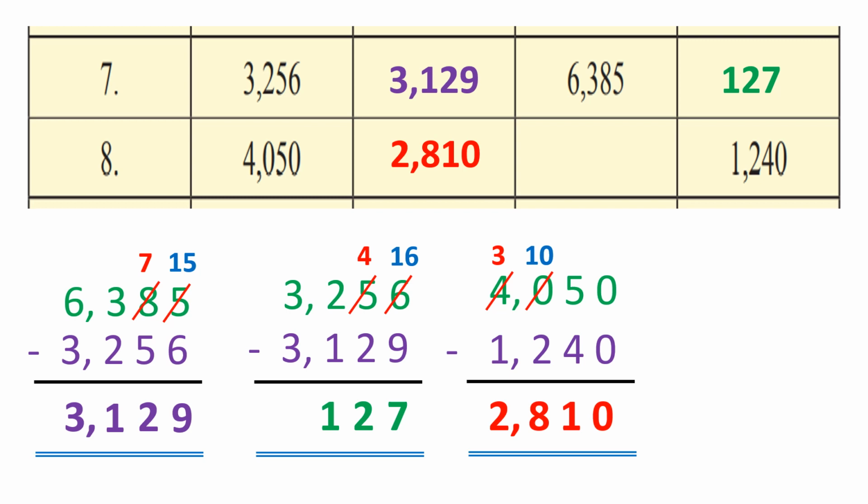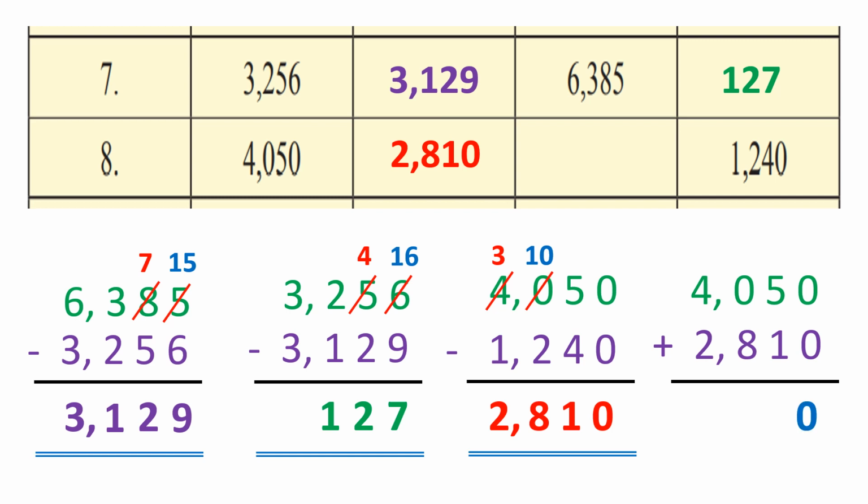And for the sum, you add 4,050 plus 2,810. 0 plus 0 is 0. 5 plus 1 is 6. 0 plus 8 is 8. 4 plus 2 is 6. Now you have the sum of 6,860. Then you write here 6,860.